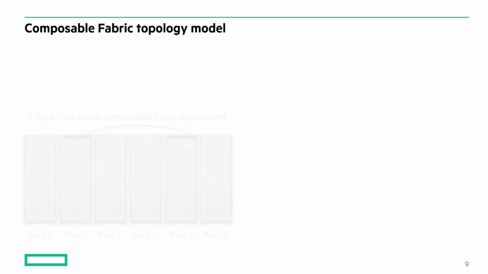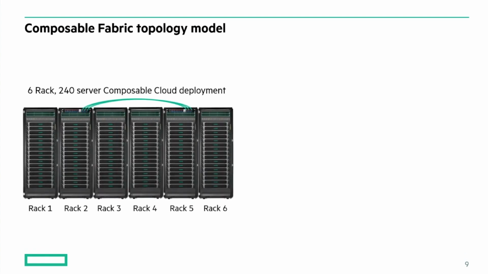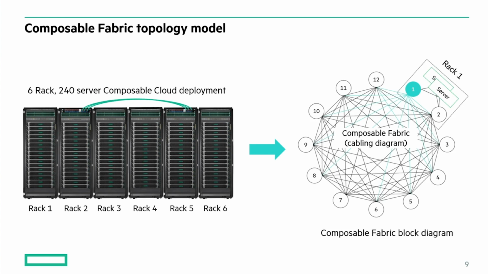So I talked a little bit about that, and I'm not going to go into great detail here because we've got very limited time, but we said here we got the 6 racks, 240 servers, and we have this meshed architecture. So if you kind of see this on the right-hand side, if I've got these servers in rack 1, which are connected to switches 1 and 2, if you see all the connections, switch 1 is connected to all of the switches in the fabric via the fabric interconnect ports on the switch and by the FM1006.